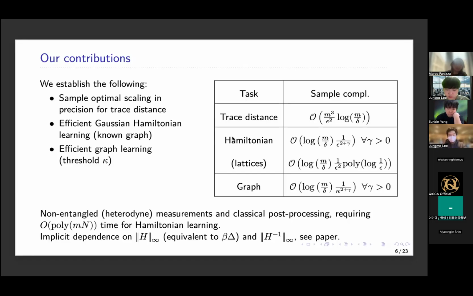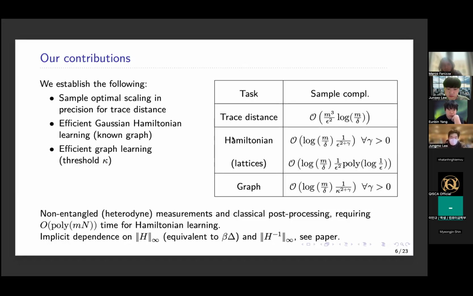More importantly, our core results are efficient Gaussian Hamiltonian learning when the graph is known, and efficient graph learning. In both cases, for bounded degree, we show that if the degree is constant and does not depend on M, the number of copies that we need is logarithmic in M.